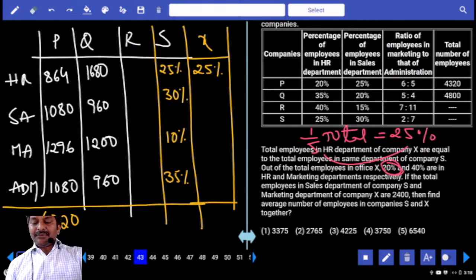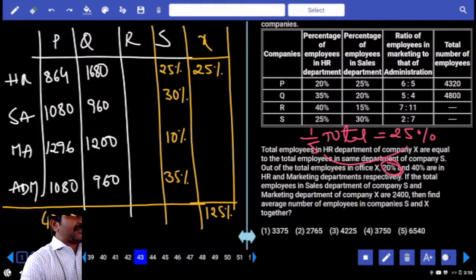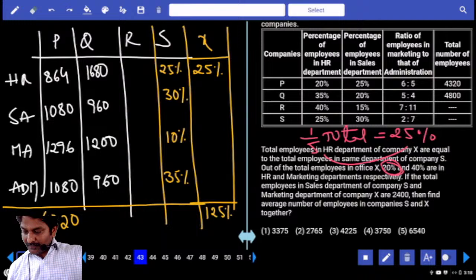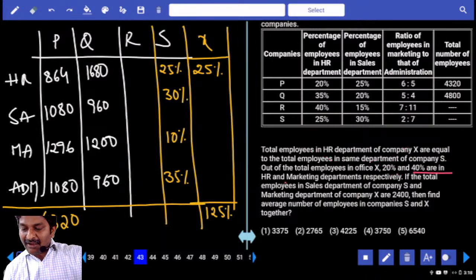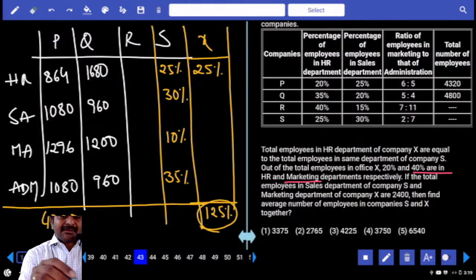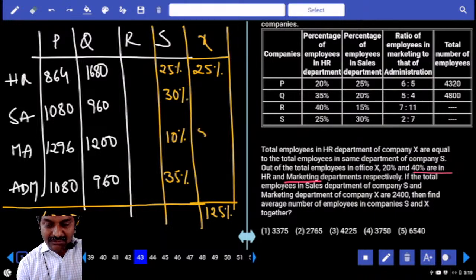Then total is equal to 5 into 25, that is 125%. Followed? 40% in marketing department. 40% of this number only, which is equal to 50.